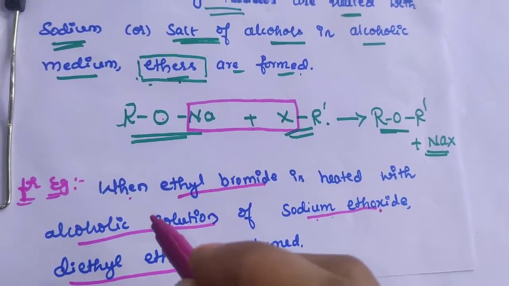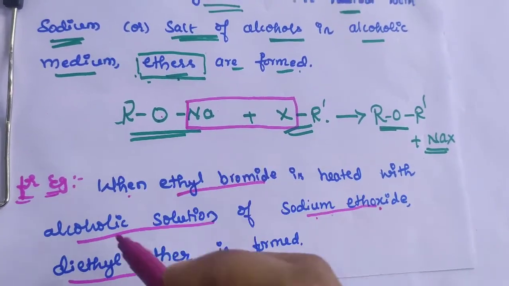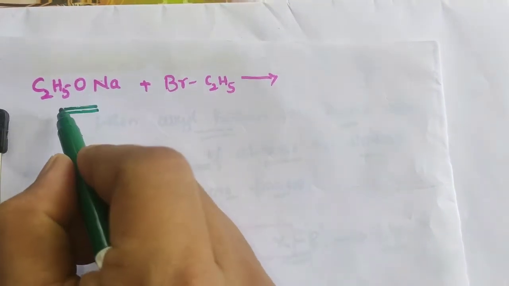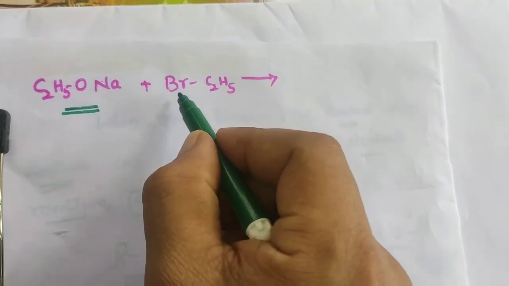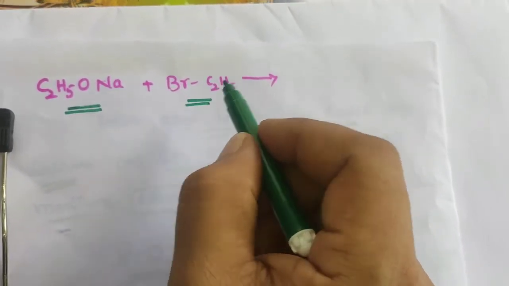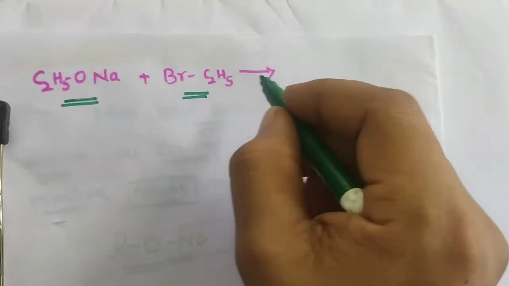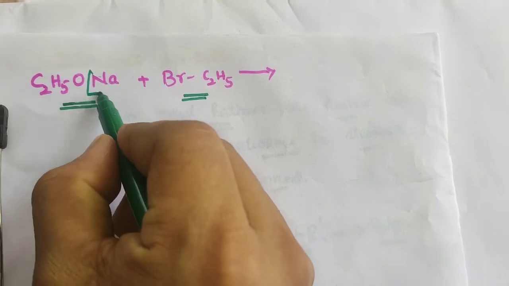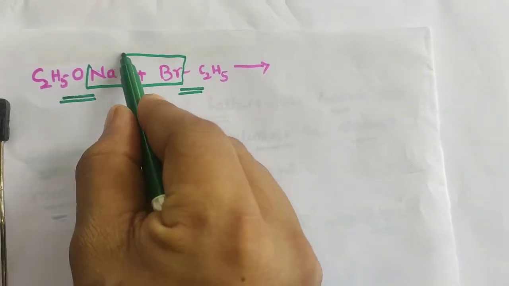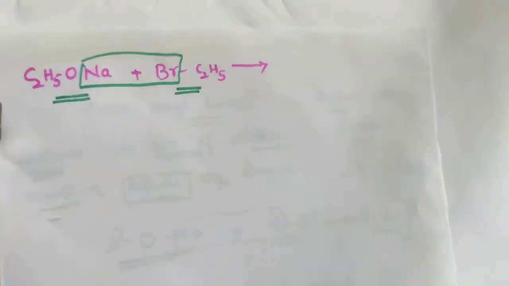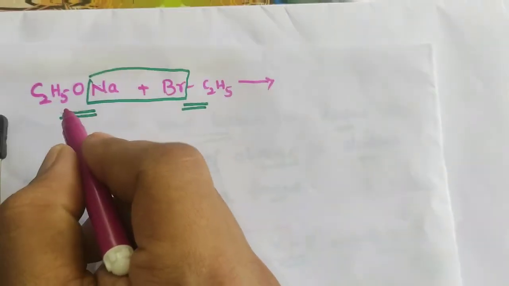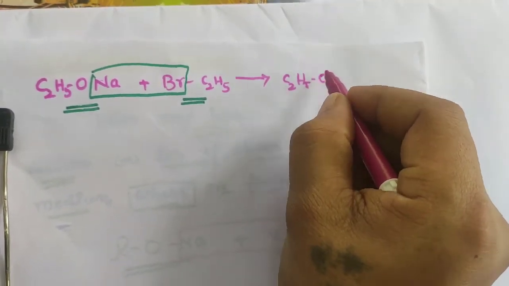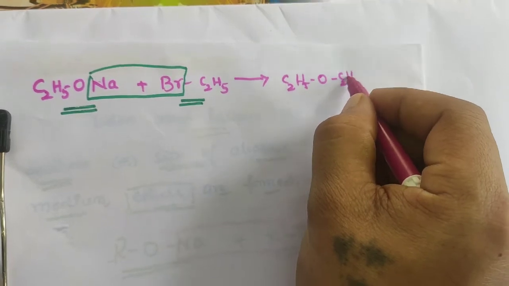Now we should understand this reaction. See here, this is sodium ethoxide. It must be treated with ethyl bromide. The product we will get here is diethyl ether. The eliminated product, as we have already known, is sodium halide, so NaBr is eliminated. What is left in this reaction is C2H5O and the remaining C2H5.